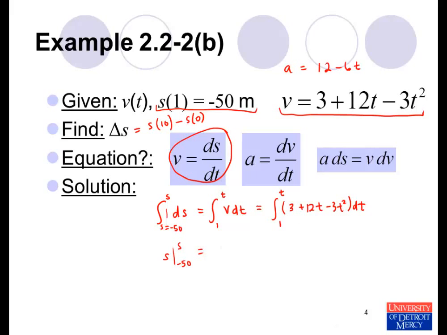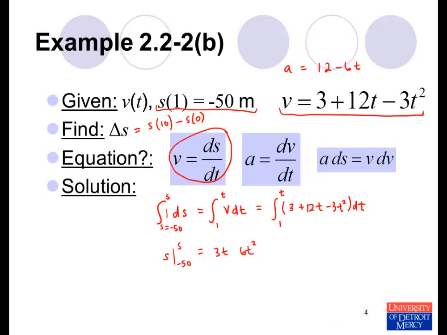The antiderivative of 3 is 3t. The antiderivative of 12t: we add 1 to the exponent, and then we divide the 12 by the new exponent, which is 2, giving 6t squared. And you can see if we differentiated this, we would get back our 12t.